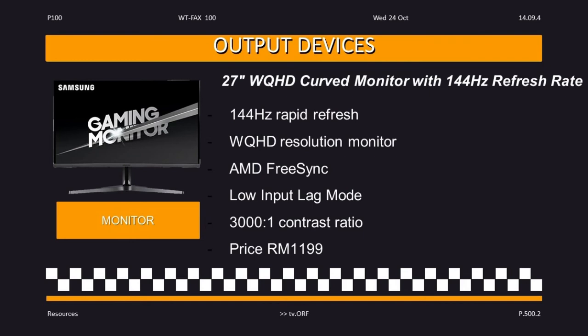The AMD FreeSync will synchronize the refresh rate of your graphics card and monitor to reduce image tear and stutter, and the low input lag mode minimizes the delay between mouse, keyboard or joystick input and on-screen response for a seamlessly smooth gaming experience. It also comes with a 3000:1 contrast ratio. The price is 1,199 ringgit.